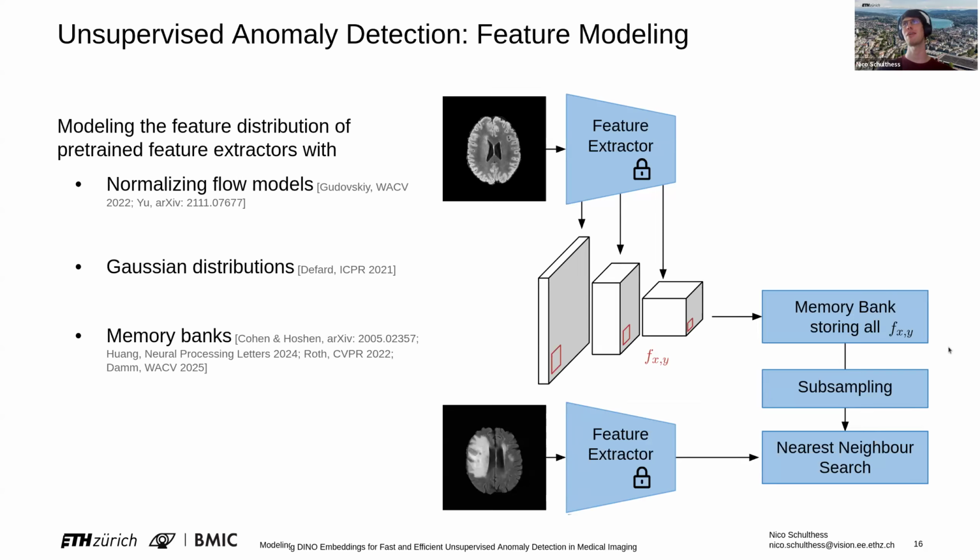This memory bank can, mainly for performance reasons, also be subsampled to have more representative and important prototypes. Then during anomaly scoring of a test image, the features are again extracted, and a nearest neighbor search is performed to find the closest neighbors of the test features in the memory bank. If this distance is small, then a patch can be thought of as normal, and when this distance is big, then most likely it is anomalous.